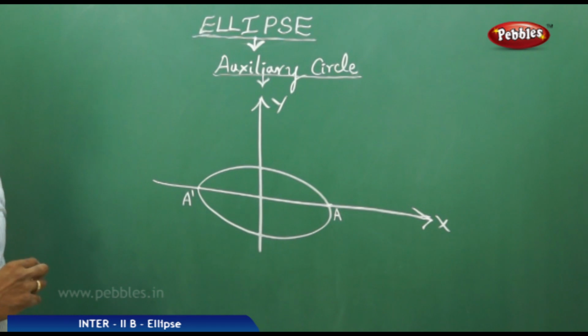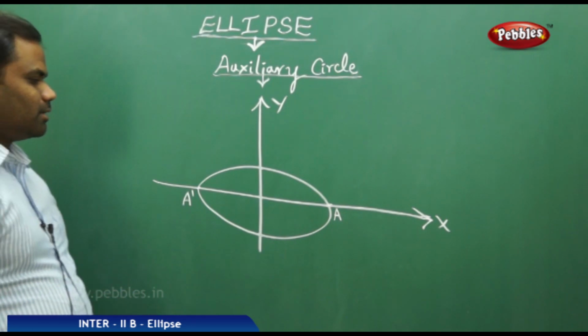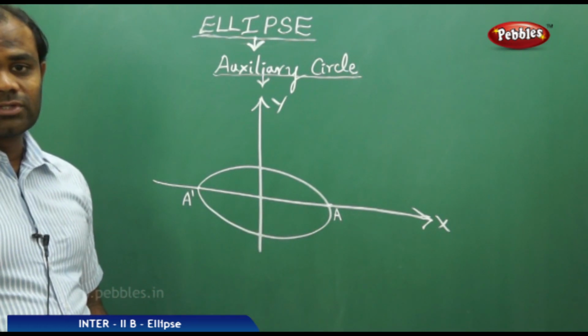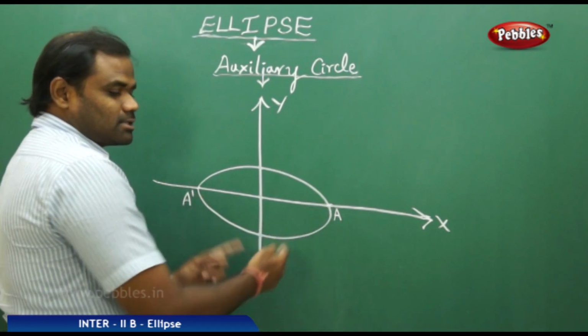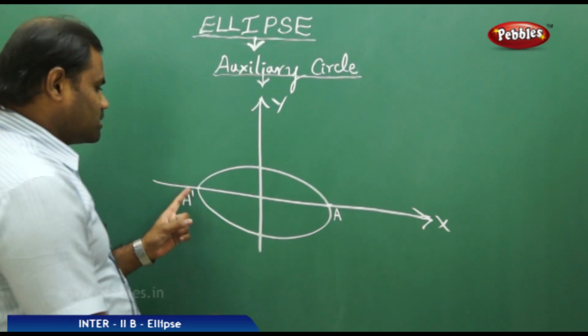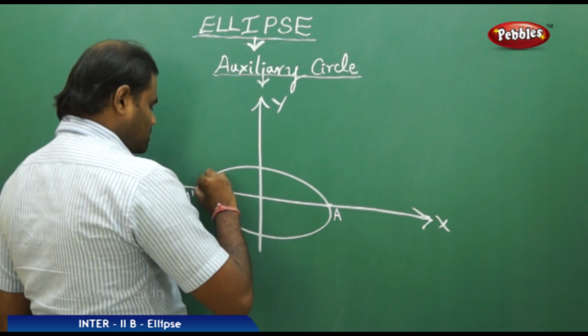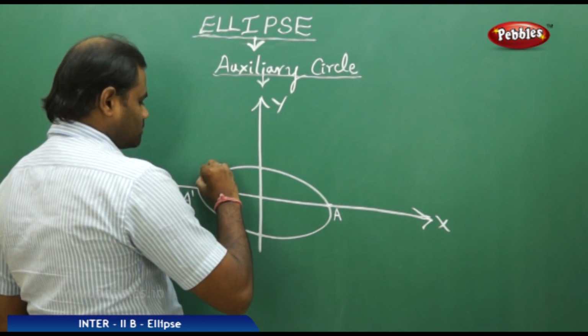With these endpoints, I can describe a circle with the diameter AA dash. Using the length of major axis as the diameter, I draw a circle along the ellipse.